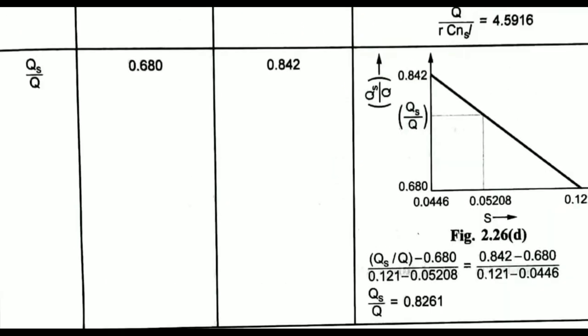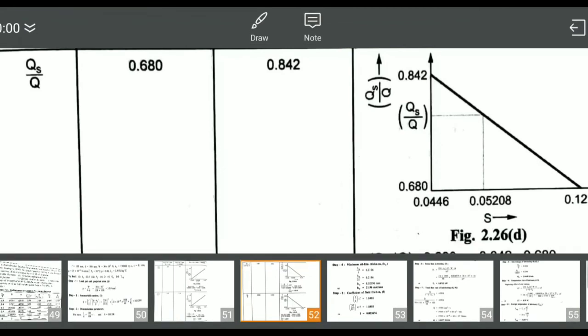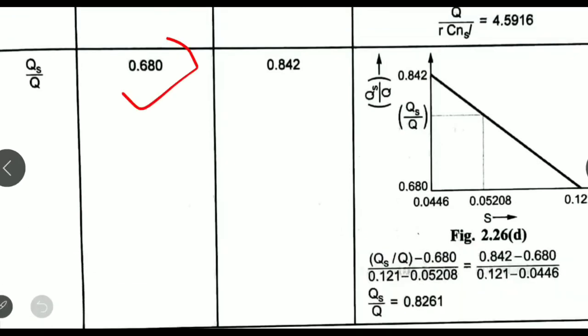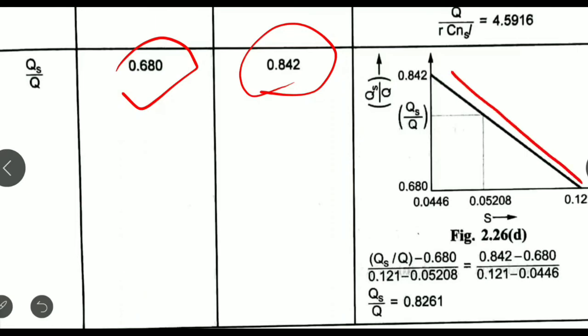Correct? Now for this 0.68 minimum limit, this will be the maximum limit we have considered. This is also Q is there, that's why inversely proportional. So graph is like this. Now the known quantity on x-axis 0.04, 0.21 same.